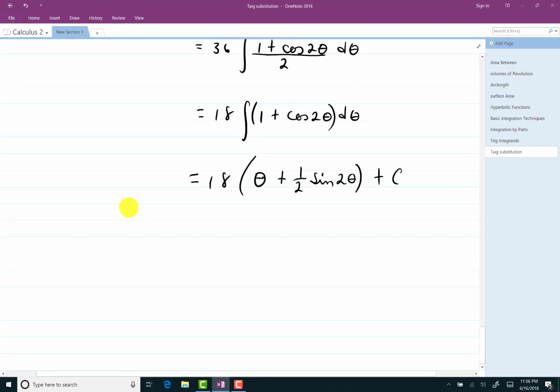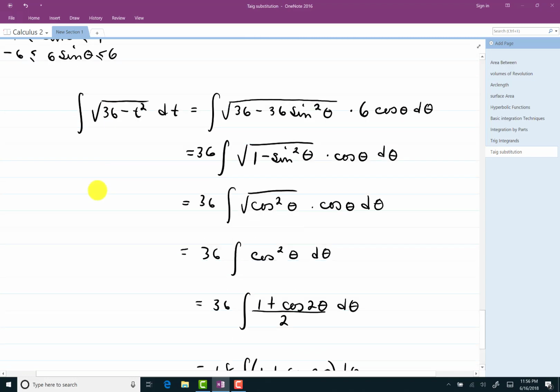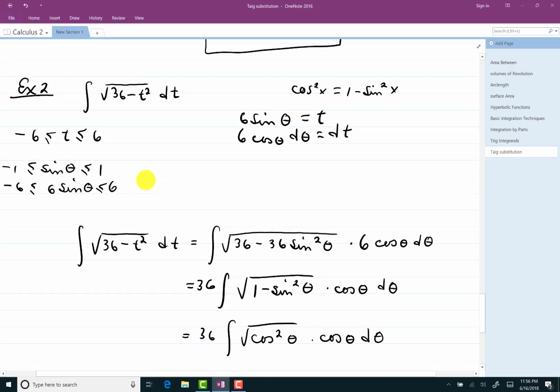Now what I've got to do is put it all back. The theta part is not a problem at all. Let's find out where theta would be. If I were to try to get theta alone here, let me write it. I would first divide by 6. So sine of theta would equal t over 6.